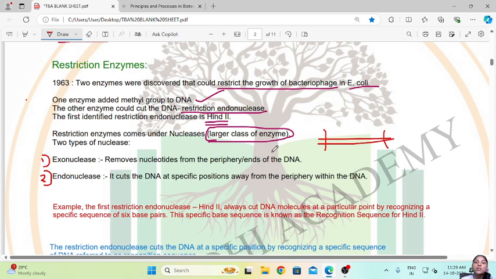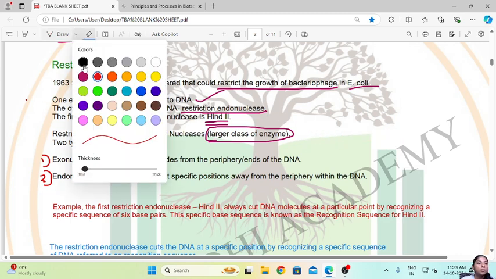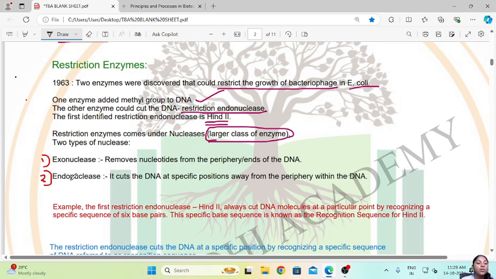So it removes the nucleotides from the periphery of the DNA, whereas the endonucleases cut the DNA at specific positions away from the periphery, within the DNA.